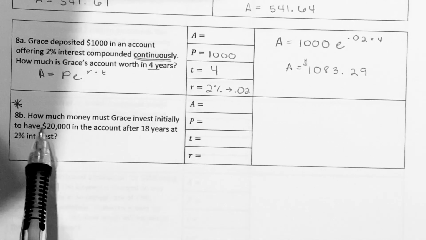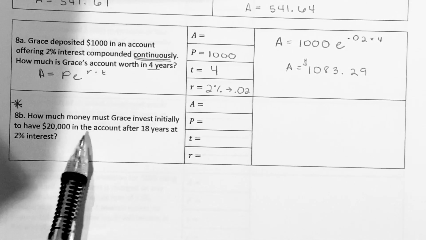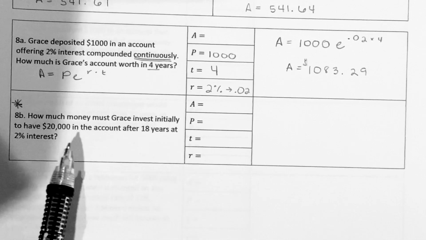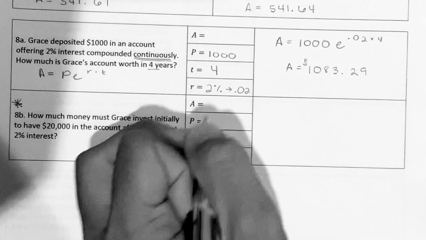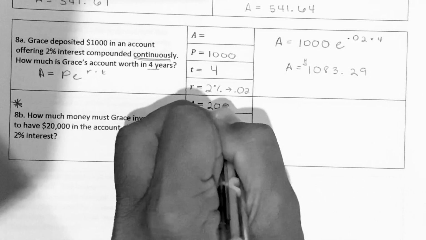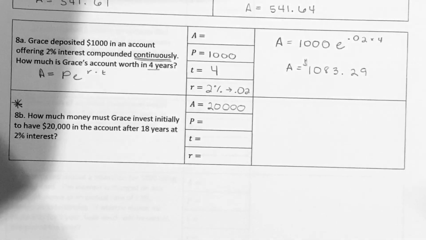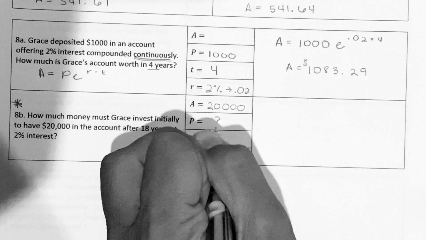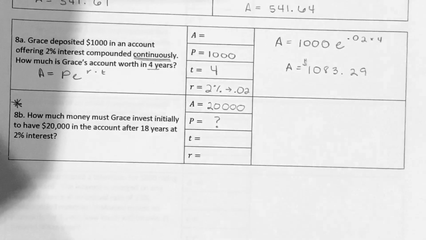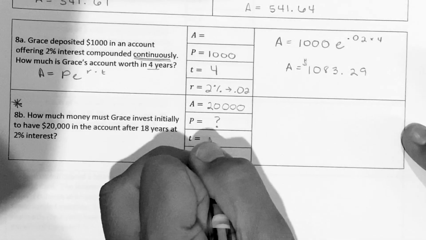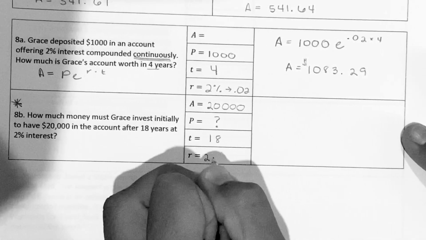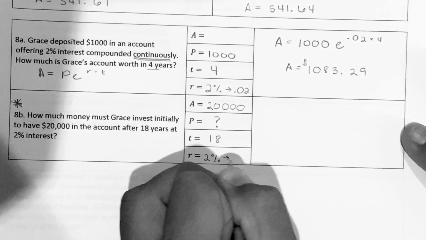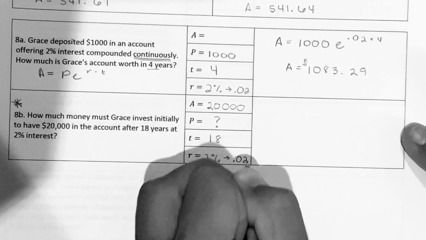How much money must she initially invest to have $20,000 at the end? So she wants $20,000 at the end. How much does she initially have to put in the account? T is 18, and the rate is 2%, 0.02.